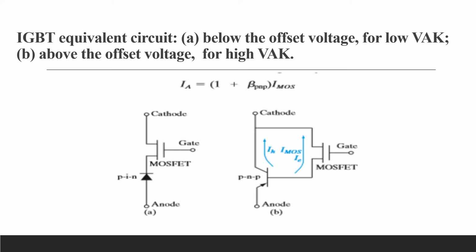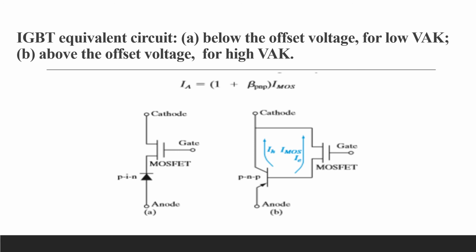Finally, if the current levels are too high, the insulated gate bipolar transistor latches into a low impedance state like that of a conventional SCR in the on state. This is understandable because it means that the gate of the DMOS device has now lost control. The insulated gate bipolar transistor clearly incorporates some of the best features of MOSFETs and BJTs.